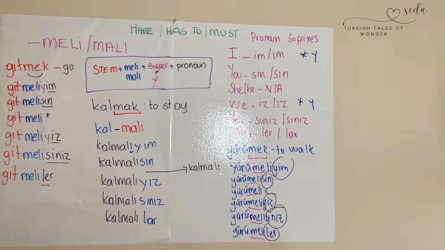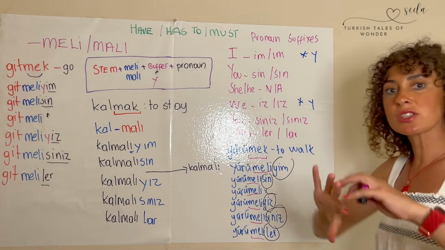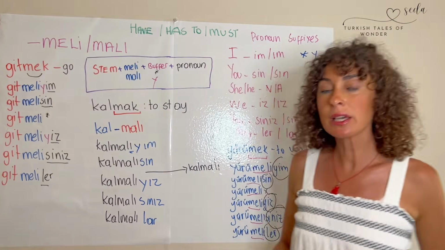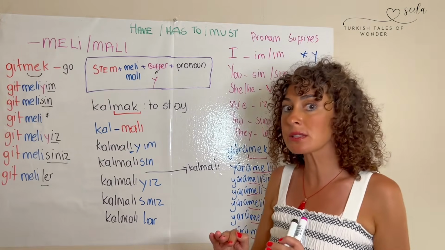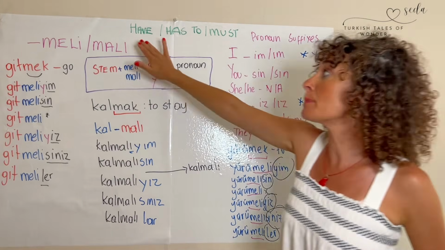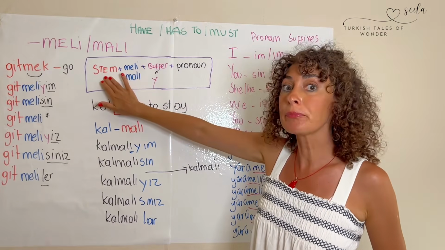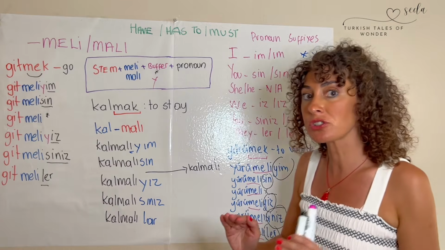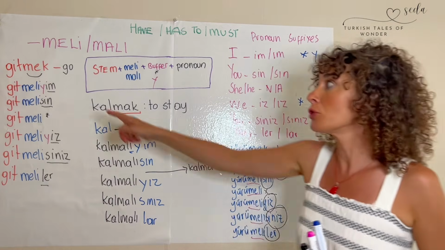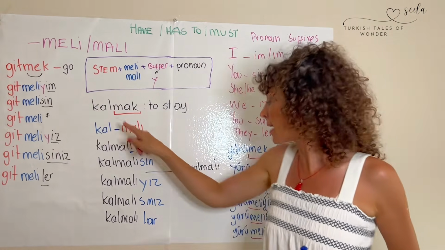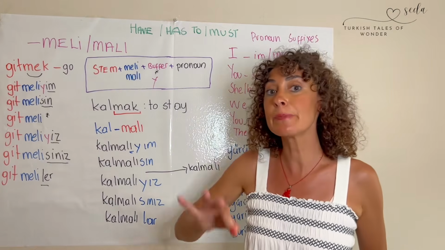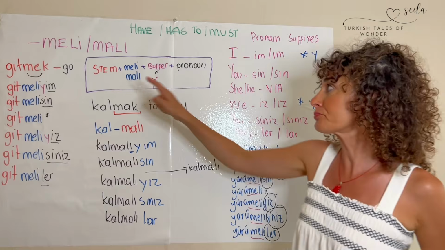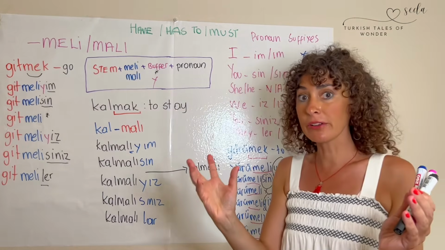Okay? So, just to wrap it up, we have meli, malı. This means have to, has to, must. You add this meli, malı to the stem of the verb, and to find the stem, you look at the dictionary to find a verb. You see gitmek, kalmak, yürümek. In this mek-mak form, you take the mek-mak form out and you are left with the stem.